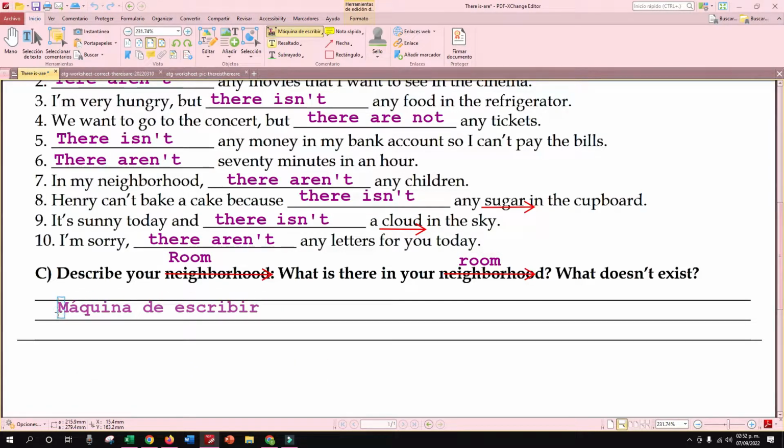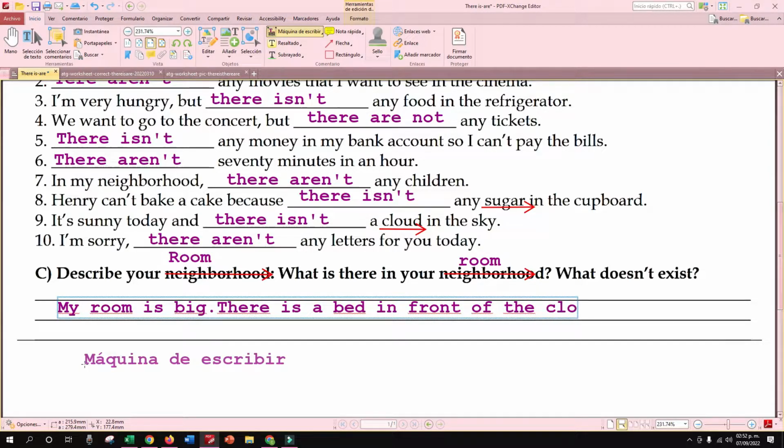For example, this is an example. My room is big, for example, right? There is a bed in front, for example, right? In front of the closet.